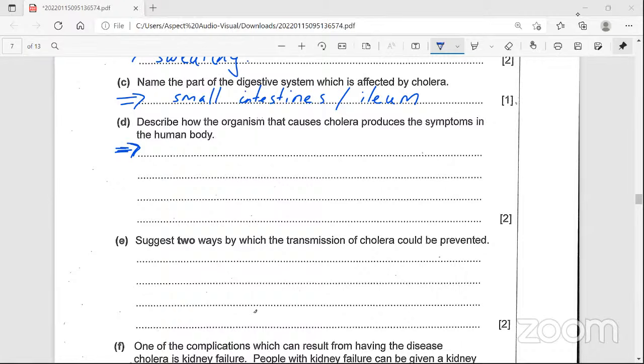So now, guys, there's one step that you missed. Is that the toxin that it releases? Yes. So this Vibrio cholerae releases a toxin into the walls of the small intestines.